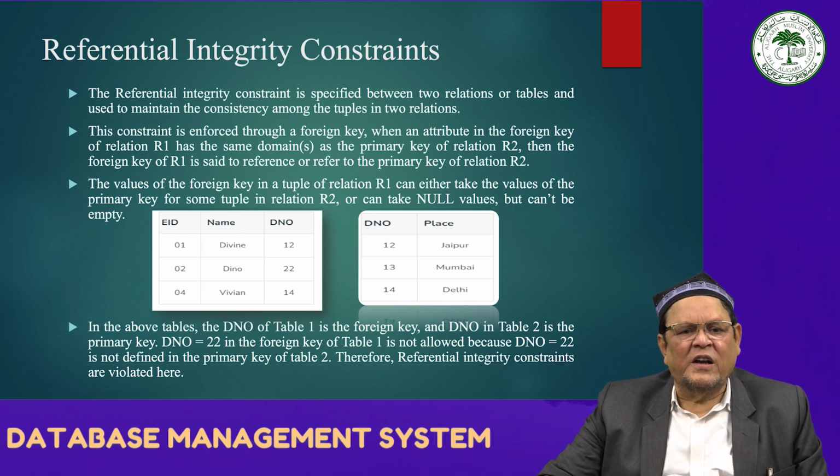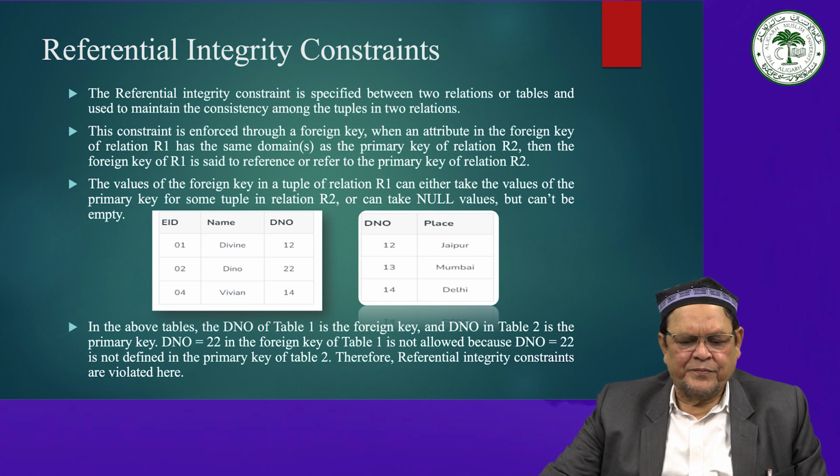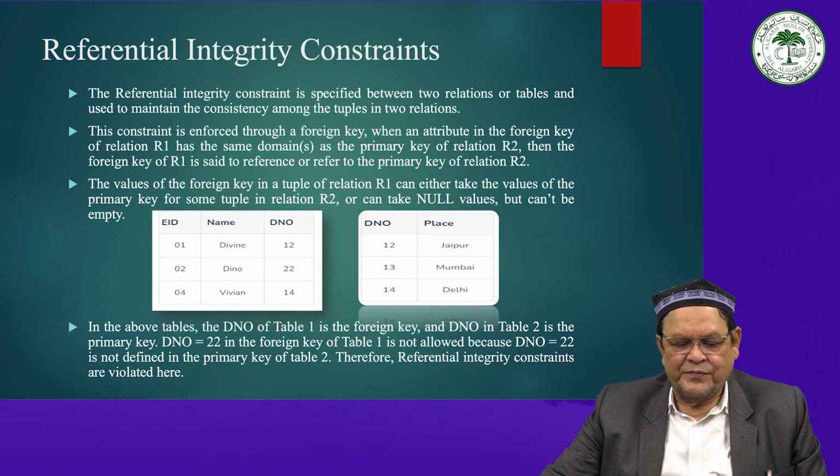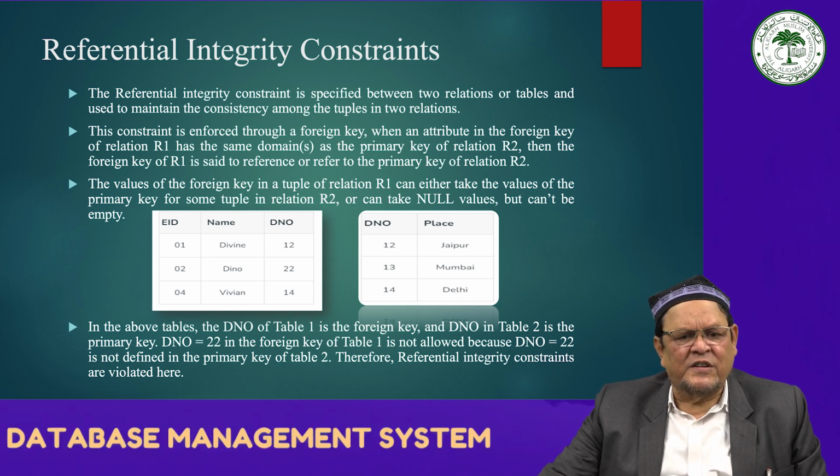Now let's understand it with the table given on the screen. The referential integrity constraint is specified between two relations or tables and is used to maintain the consistency among the tuples in the two relations. This constraint is enforced through a foreign key.